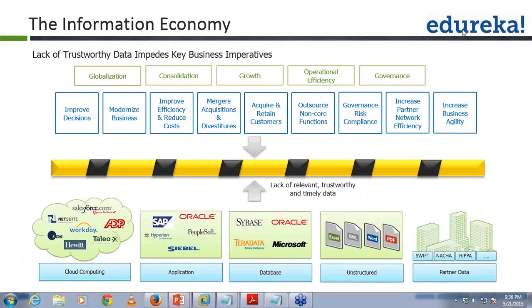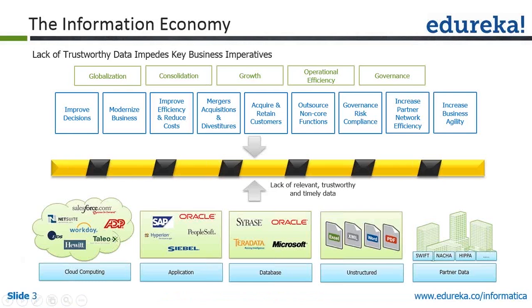Now, as I was saying, the information economy. At the lower portion of the slide, you will see we have mentioned cloud computing, applications, databases, unstructured data, and partner data. These are the different systems companies are using today to run their business.